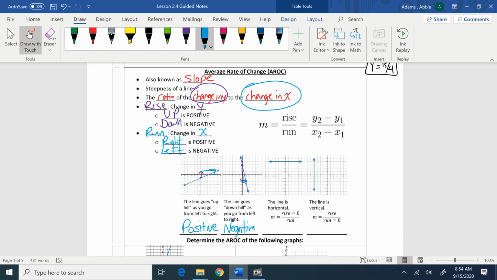They didn't go up or down. They didn't really go left or right. It was just kind of like riding on one little plane. Sometimes I say it's like riding with your grandma, unless your grandma's super cool. Then it's just kind of boring. You're not going up or down any. You're just going left to right, just a horizontal motion. We're going to call that a zero average rate of change, or a zero slope.